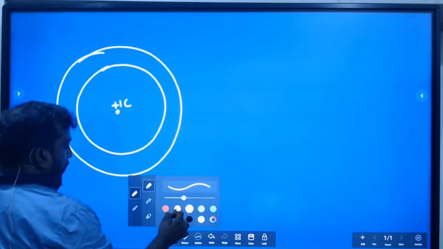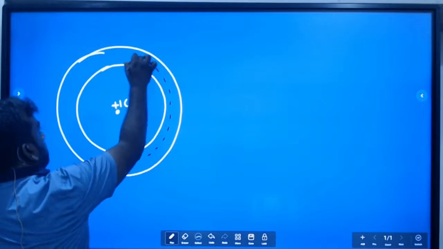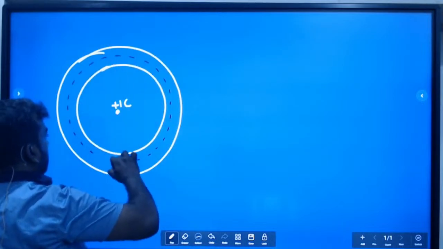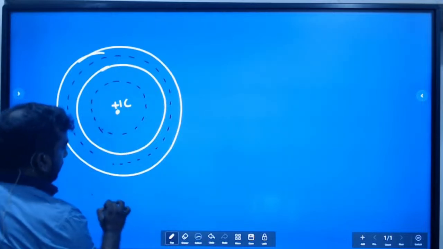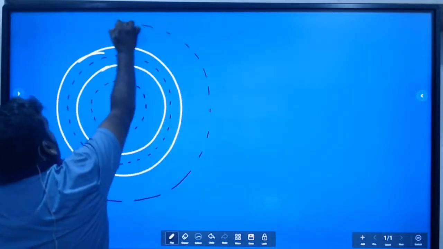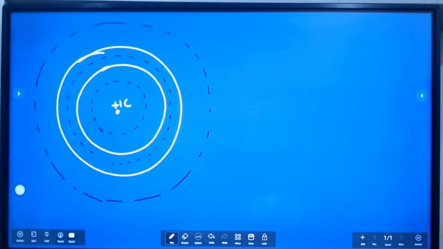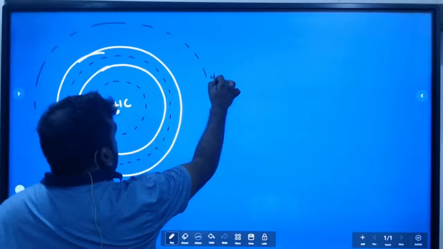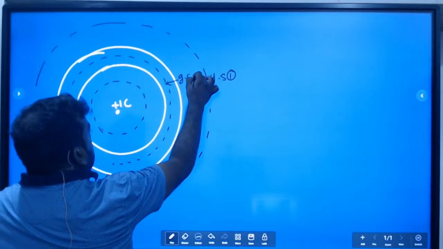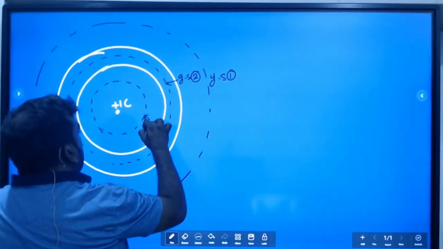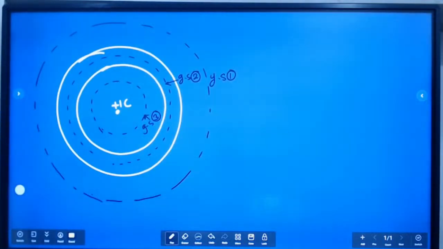If you draw the Gaussian surfaces, you have a Gaussian surface here, a Gaussian surface there, and a Gaussian surface here. Gaussian surface 1, Gaussian surface 2, Gaussian surface 3.